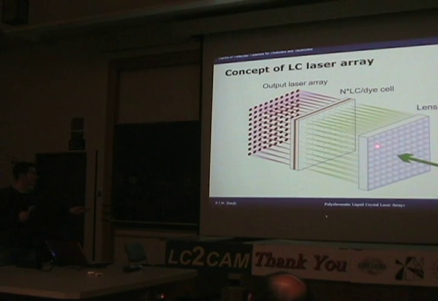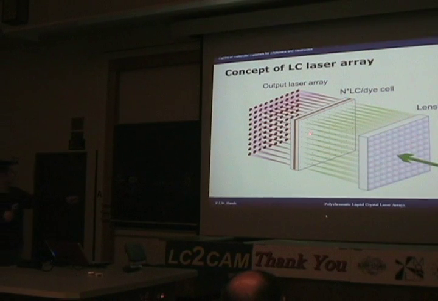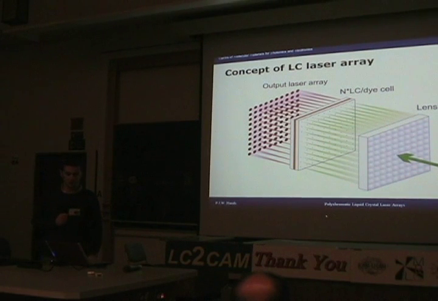In this particular case, it's a 10 by 10 lens array, each lens having a 1mm pitch, which creates in turn a 10 by 10 focused array of spots in the cell, each of which excites the liquid crystal dye mixture and creates a liquid crystal laser from each individual source. So we have 100 liquid crystal lasers potentially coming out of the far end of our device.